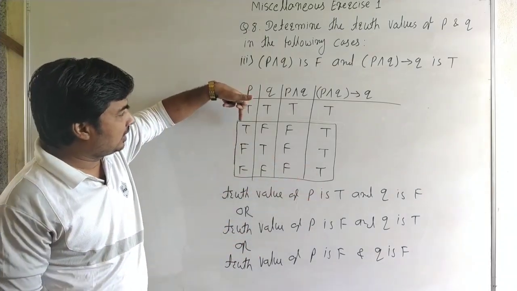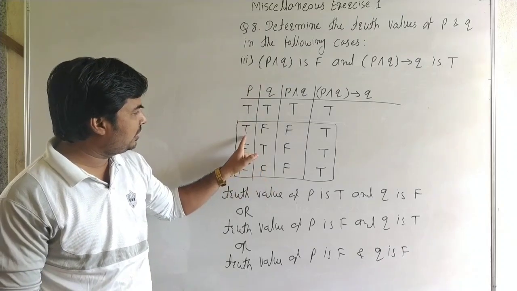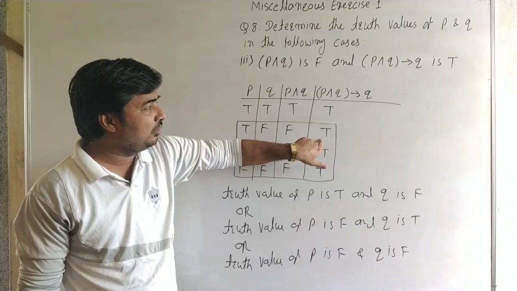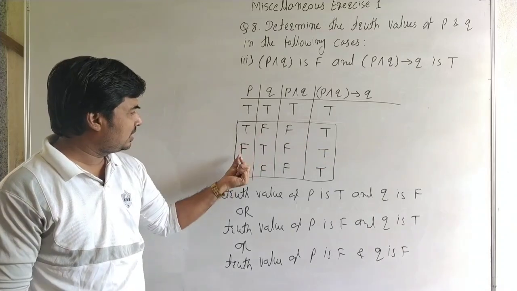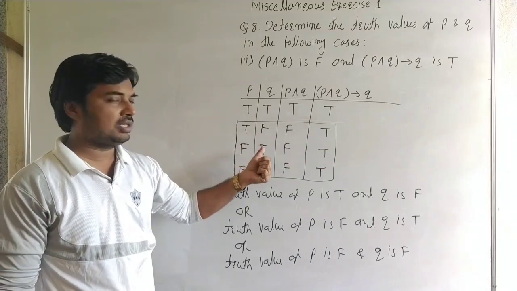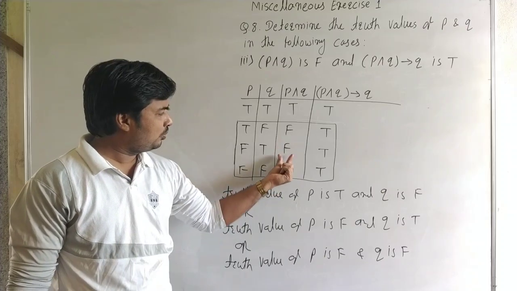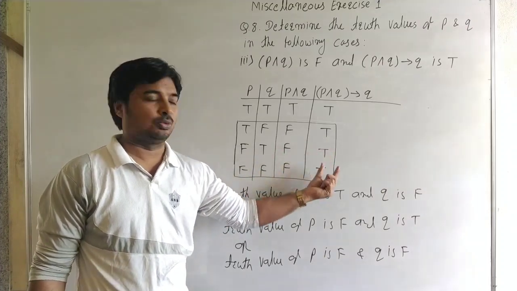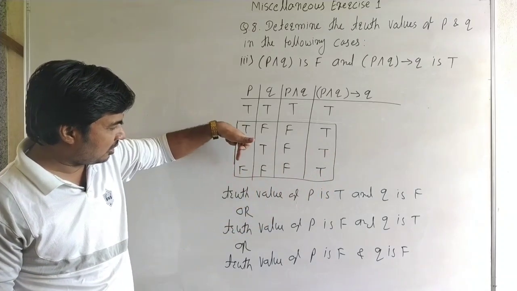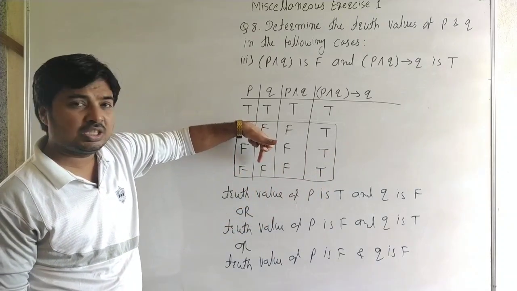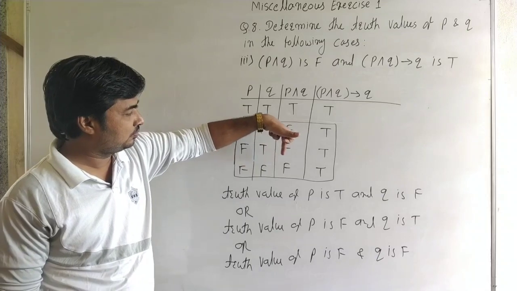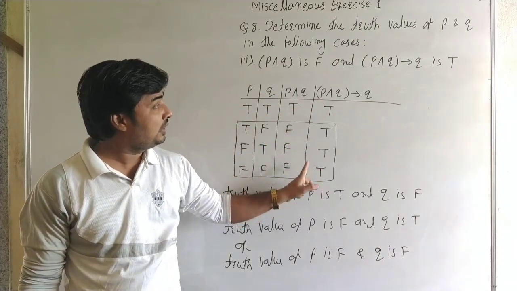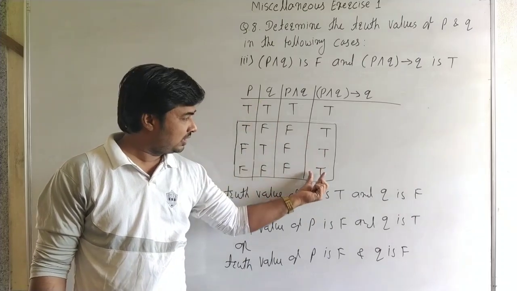Now, in the first case if P is true and Q is false, then P and Q is false and P and Q implies Q is true. In the second case if P is false and Q is true, then also P and Q is false and P and Q implies Q is true. And in the last case, the truth value of P is false and Q is false, then P and Q is false and P and Q implies Q is true.